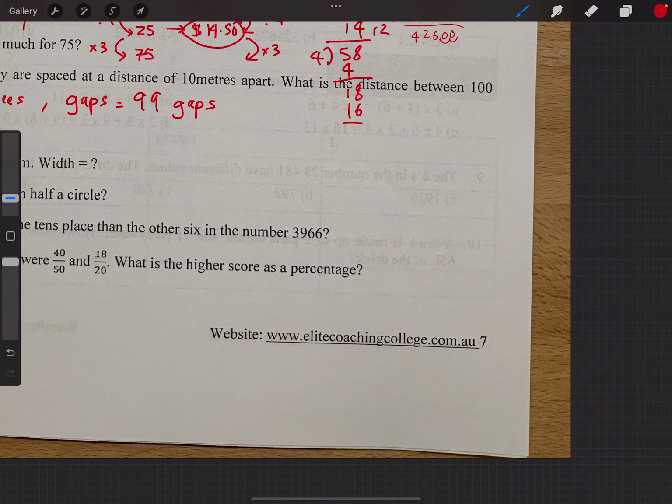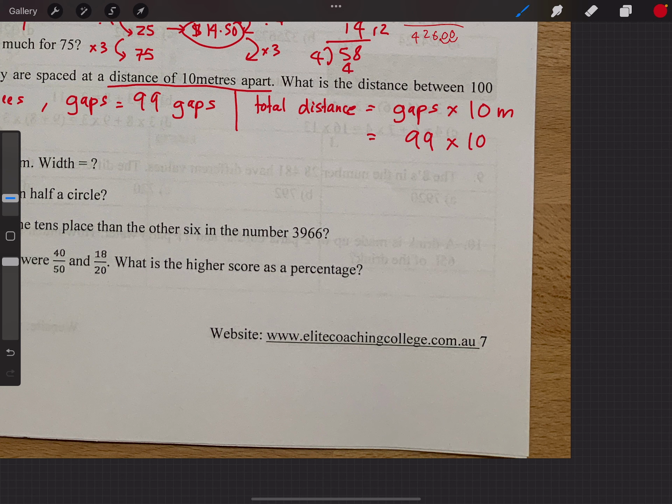Now the total distance is equal to the number of gaps times the distance between each gap. The distance is 10 meters apart, so that means times it by 10 meters. That means 99 times 10, which equals 990 meters.